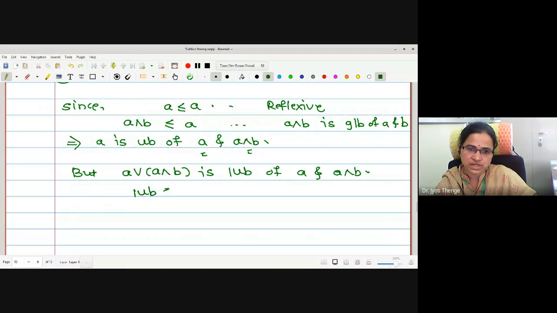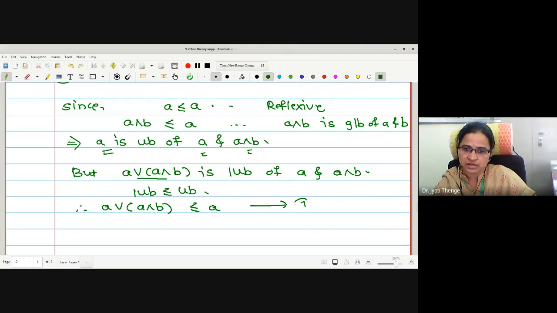The least upper bound is less than or equal to any upper bound. This is the least upper bound, this is any upper bound. Therefore, A join A meet B precedes A. Let me write this as equation number 1.